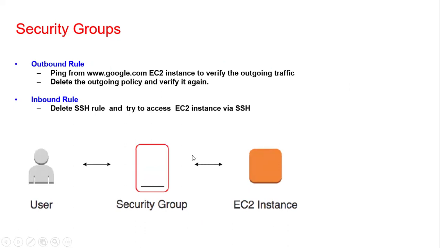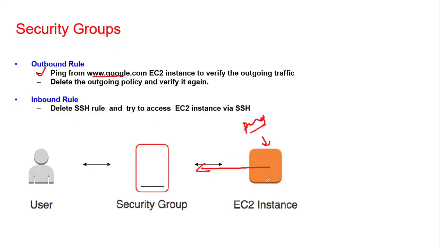Now let us verify the outbound rule by pinging google.com from the EC2 instance. Outbound, as I told you, is any traffic going out from the EC2 instance. So we'll go to the EC2 instance and verify the outbound traffic.